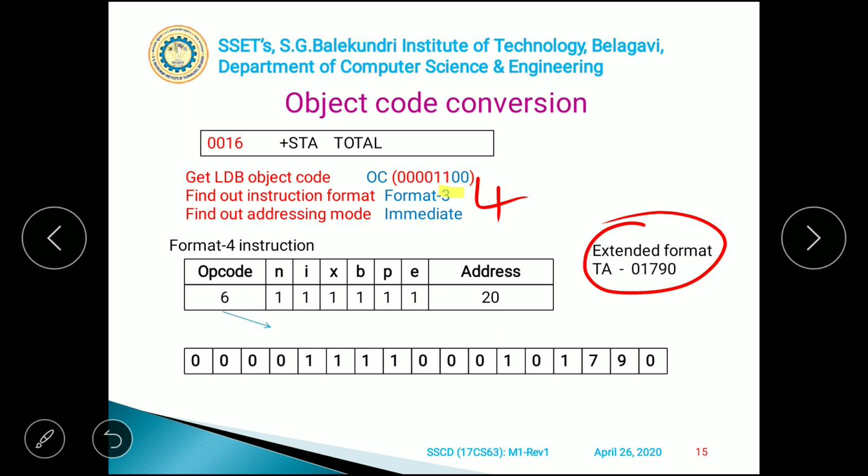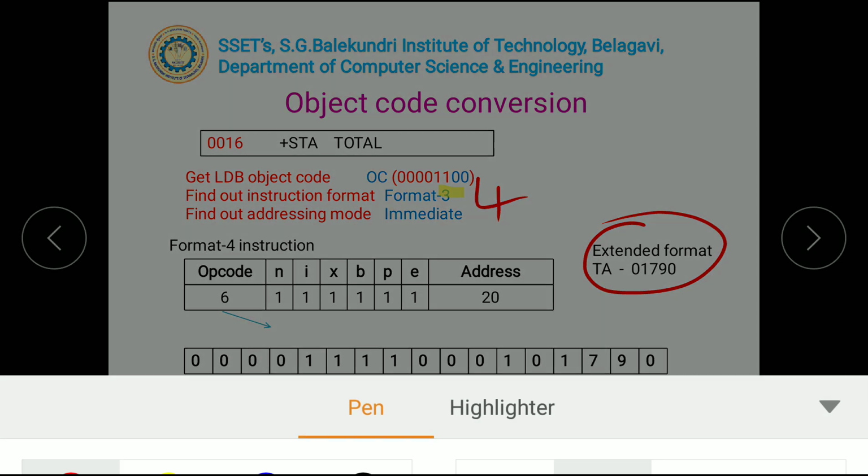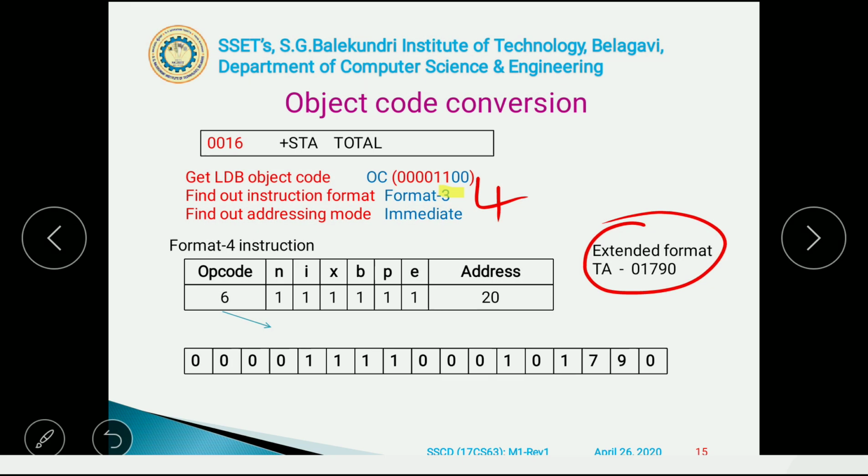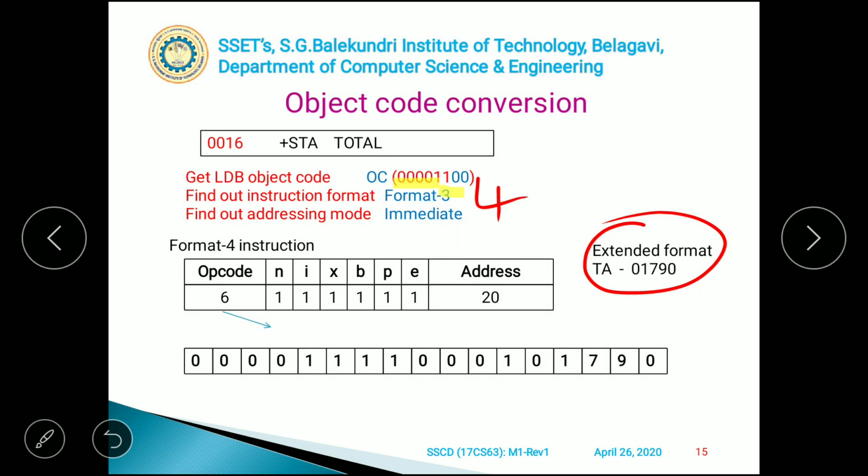Okay, so now the first 6 bits are written here. Next set n and i, then after that you set the extended bit, then you take the last 20 bits as they are.